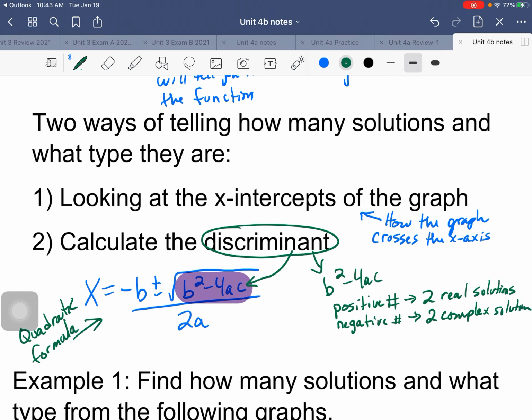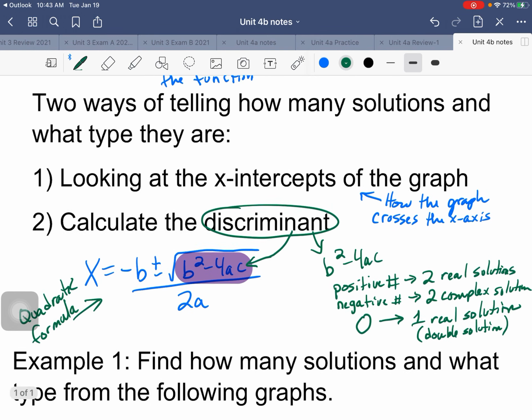And if the number is 0, then it is one real solution. But it's a double, call it a double: whatever the solution is, it's doubled. There are two of those, and we'll get to that later on.